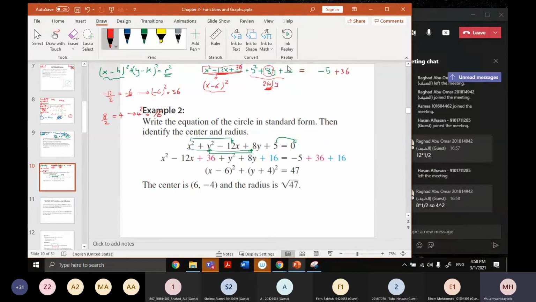So what I'm adding is 16 here, so I should add on the other hand also 16 as well.